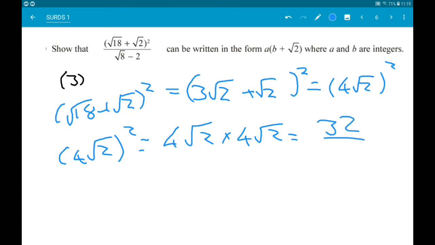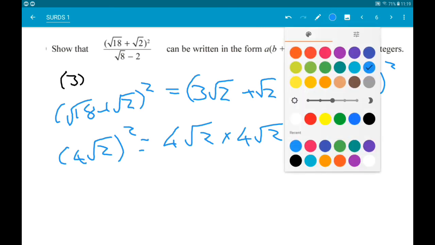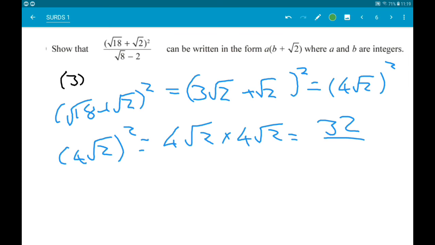Okay, now on the bottom, we have root 8 minus 2. So let's simplify root 8 minus 2, so root 8 minus 2 is root 4 root 2 minus 2, which is 2 root 2 minus 2.